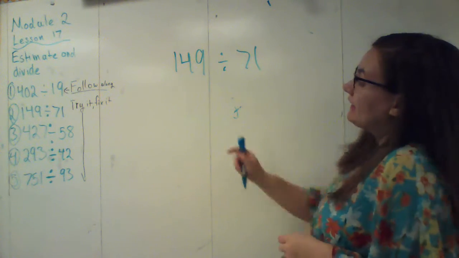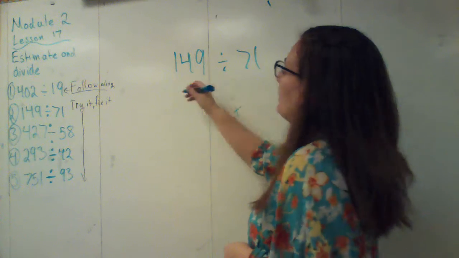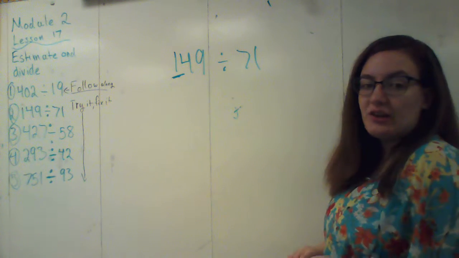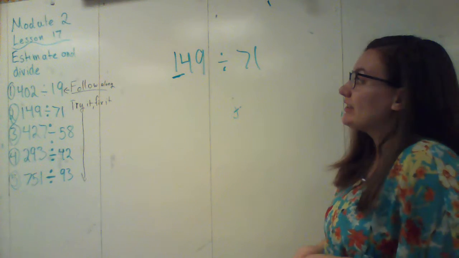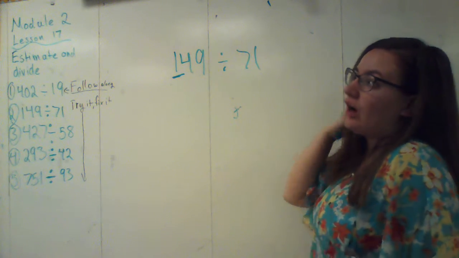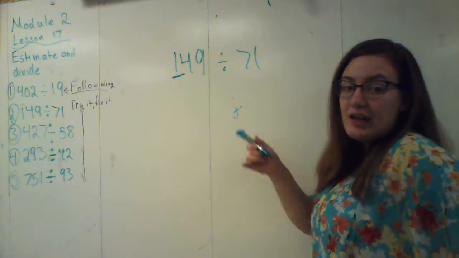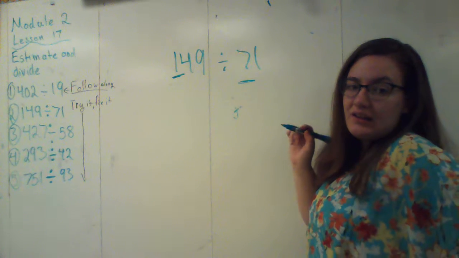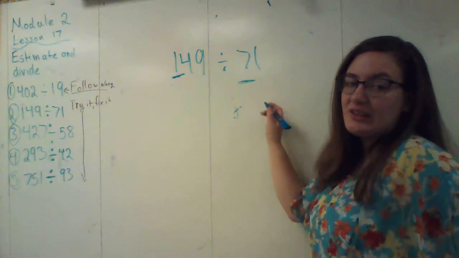All right, now that we're back, 149, I'm going to underline this number right here. So this number, I could look at this and I could say, okay, this is probably going to round down to 100 and just 100. But then this would round to what? So I have 71, so that would round to 70 most likely.